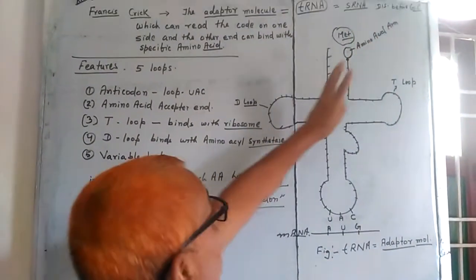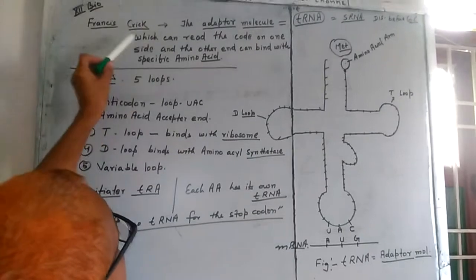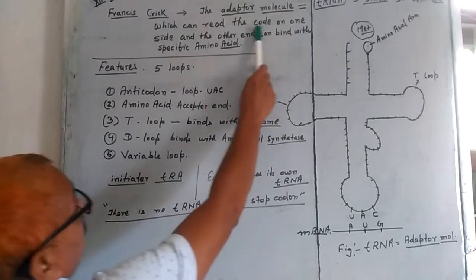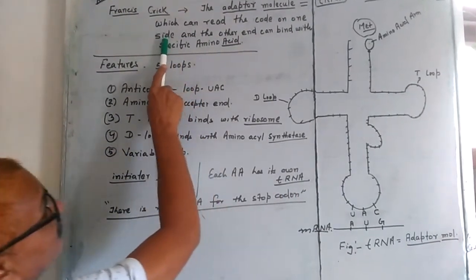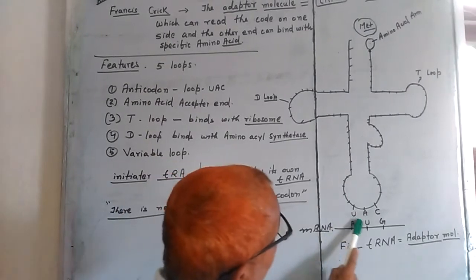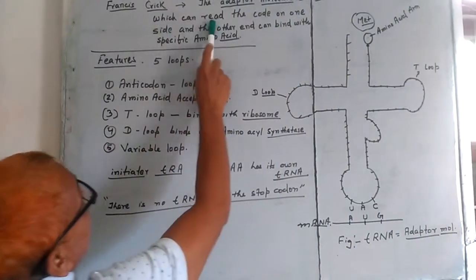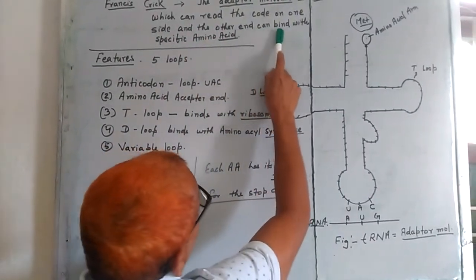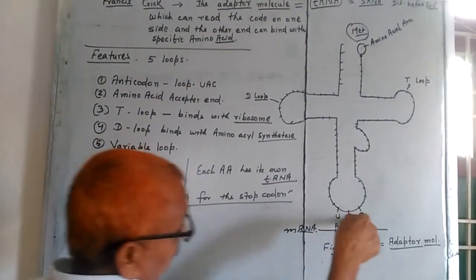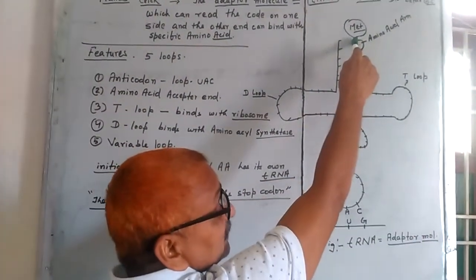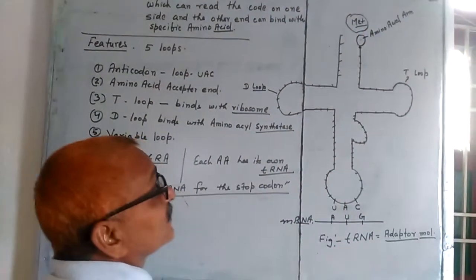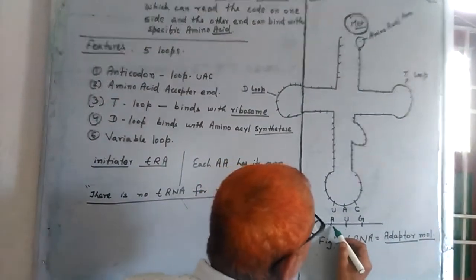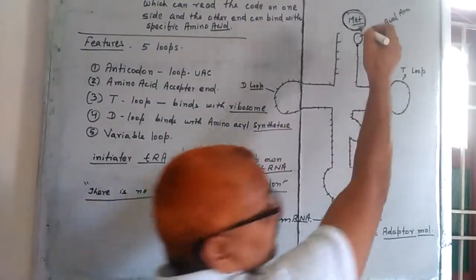So transfer RNA reads the code on one side, and the other end binds with a specific amino acid. In one hand it recognizes whatever codon is here, and accordingly binds with the amino acid.